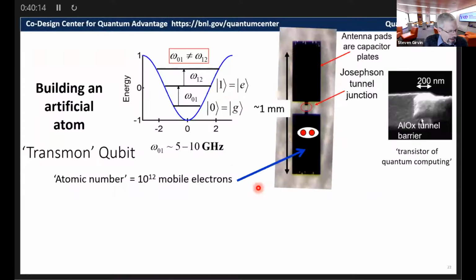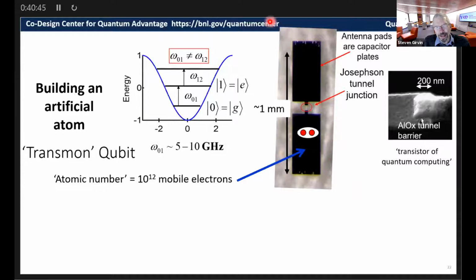So how do we make an artificial atom out of electrical circuits to be our quantum bit, to hold our quantum information? So this is a so-called transmon qubit. It's evaporated film of superconducting aluminum, 2 pieces about 1 millimeter long, forming 2 halves of a dipole antenna.